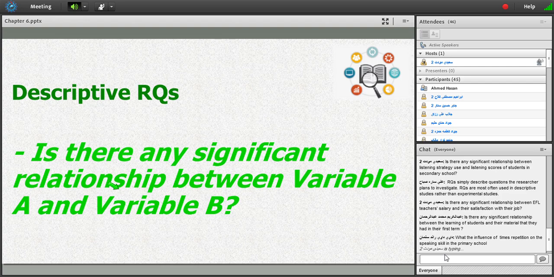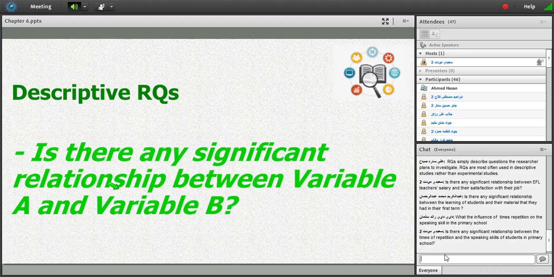Is there any significant relationship between the times of repetition and the speaking skills of students in primary school? So this is the research question that we can write for what you said.